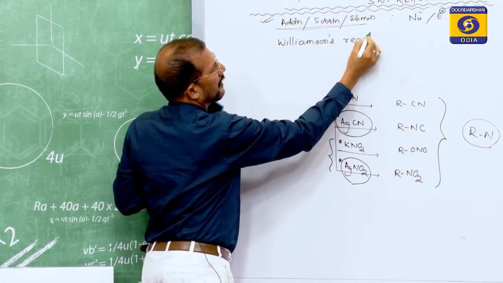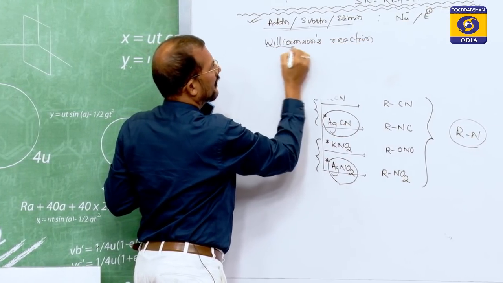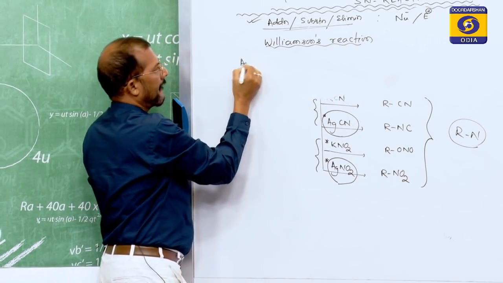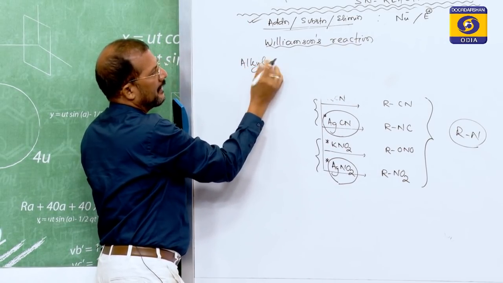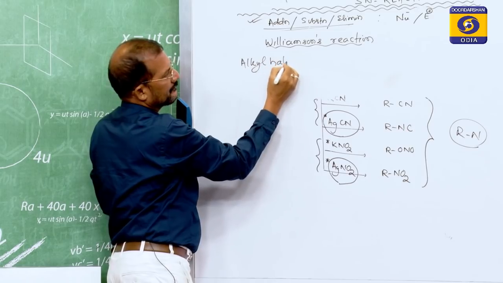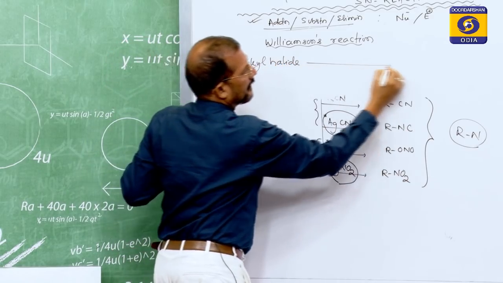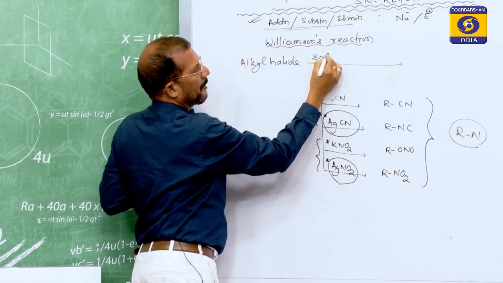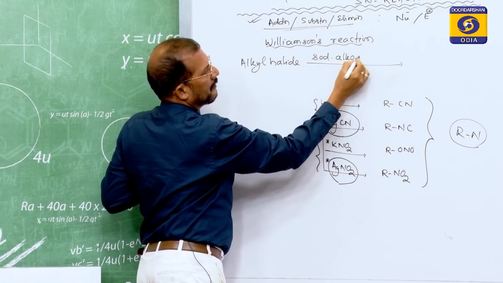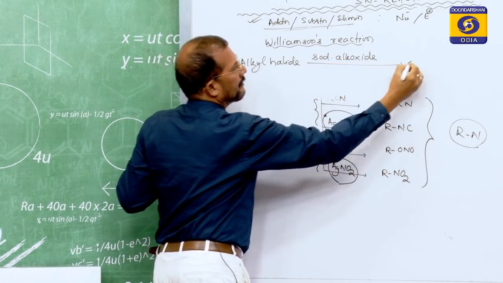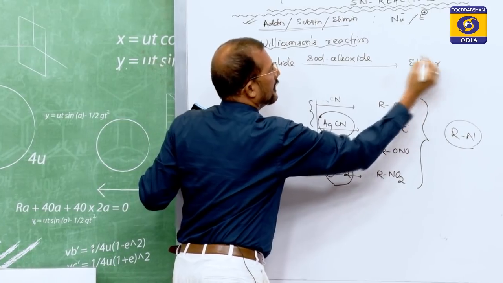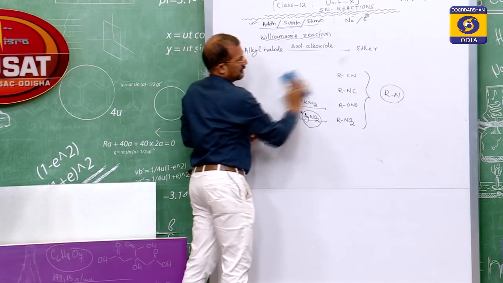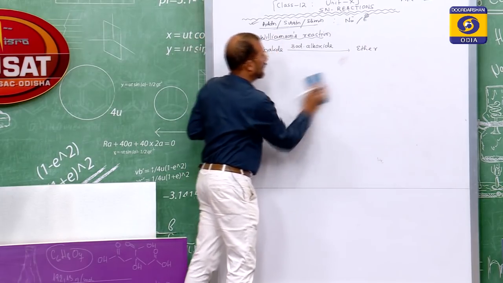Williamson's reaction is where an alkyl halide reacts with a sodium alkoxide, producing an ether. So, this is Williamson's reaction.